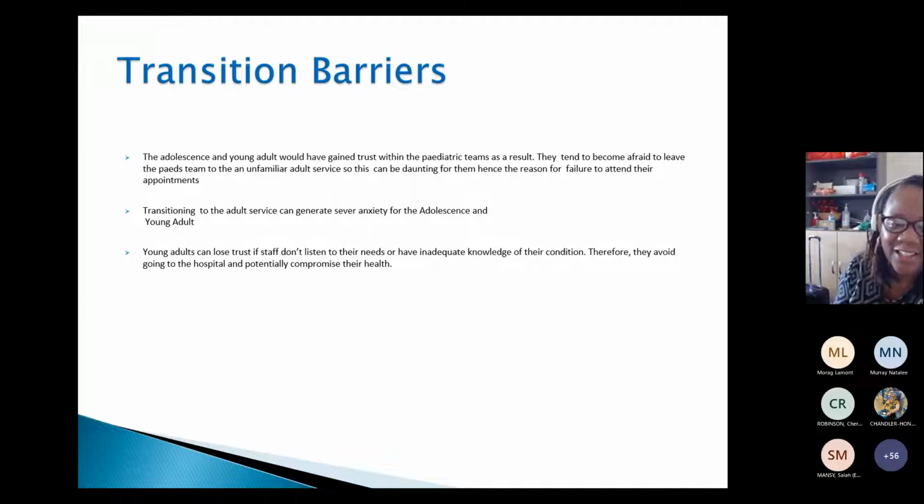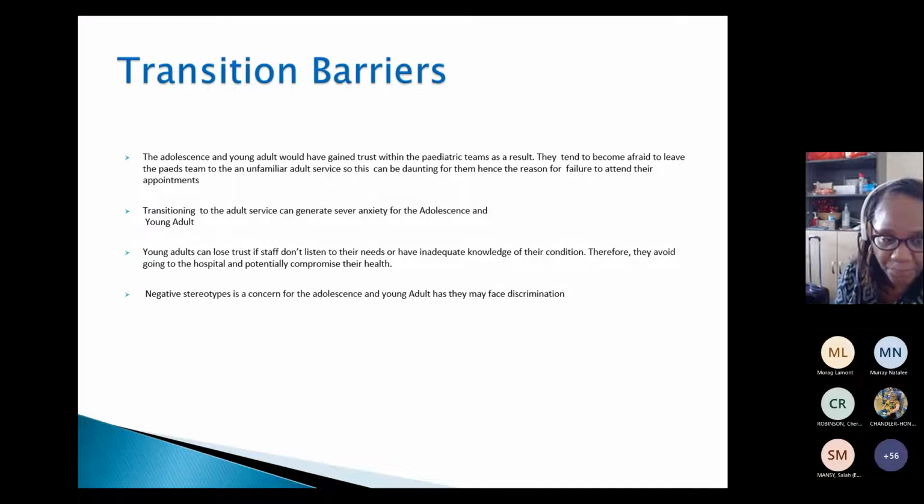Therefore, sadly, this will keep young people from going into the hospital. And again, the potential is to compromise their health. Again, we talk about, sadly, the negative stereotype of young people coming into the hospital environment, and therefore their fear on the adult side is facing discrimination.